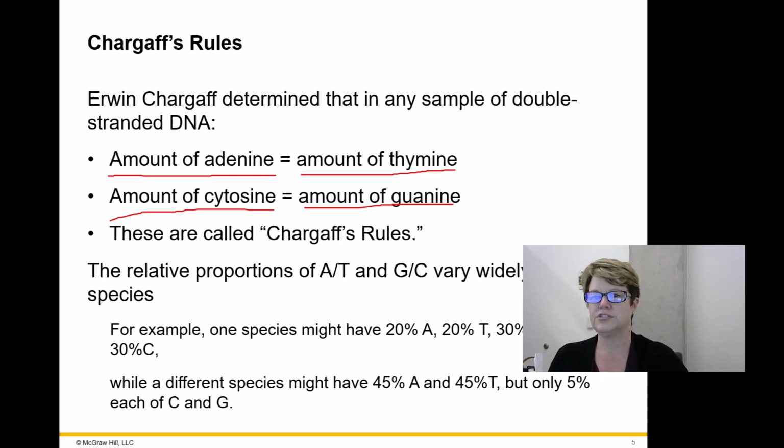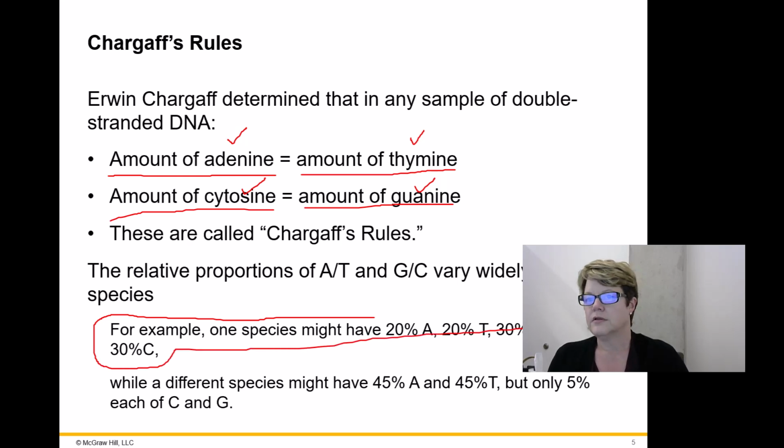And when we use percentages, if we say, okay, 25% of the DNA contained adenine, 25% contained thymine, 25% was cytosine, and 25% was guanine. Yeah, that happened in one specimen. But in other specimens, he had other numbers.